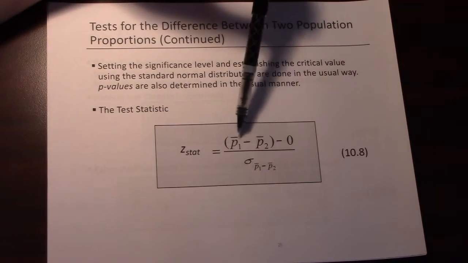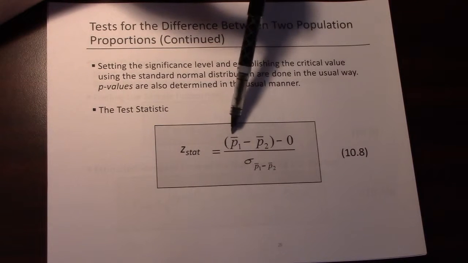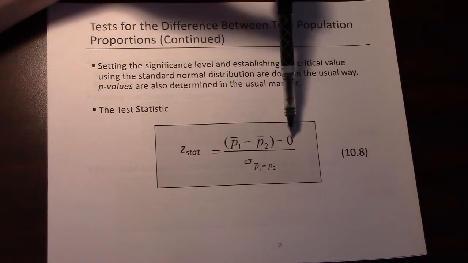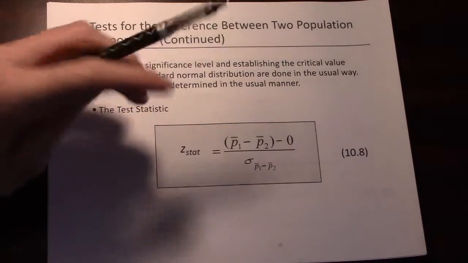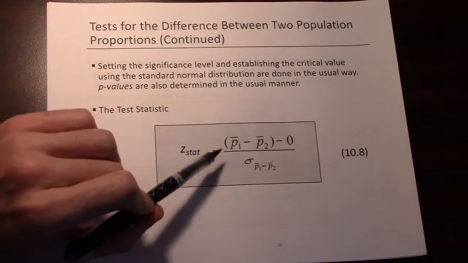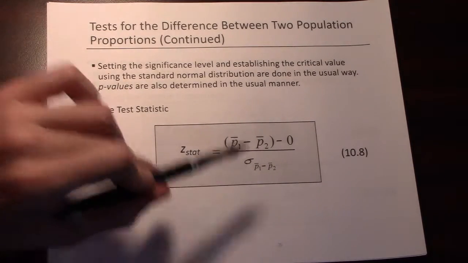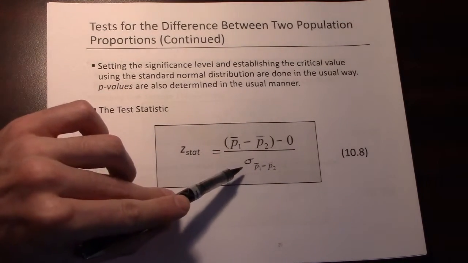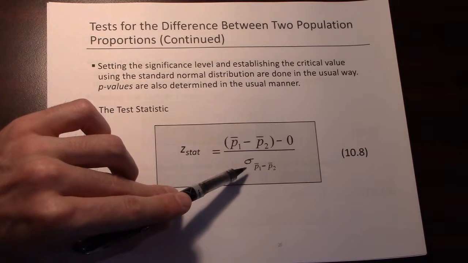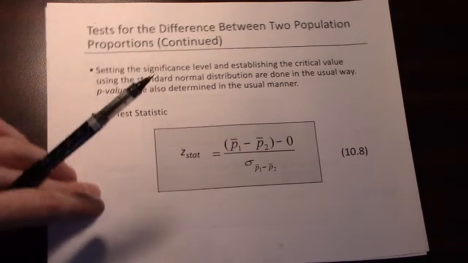We're first taking the difference between the sample proportions, and then we're saying, well, if we're going to do a no difference hypothesis, then we subtract off 0, and we simply see how many standard deviations this proportion difference is above the mean. So we divide by the standard deviation of the sampling distribution of sample proportion differences.